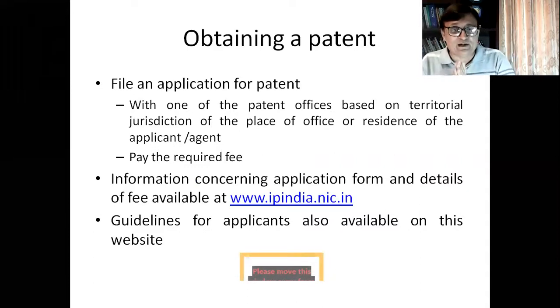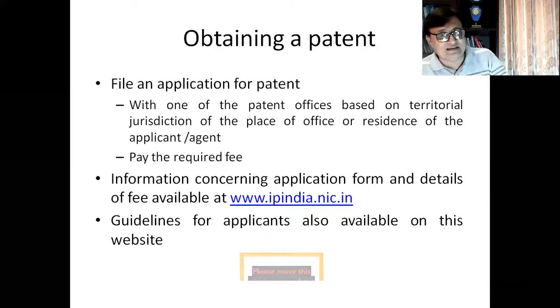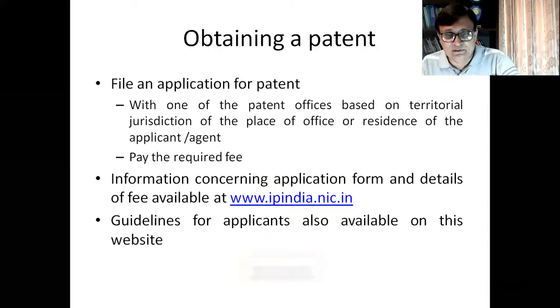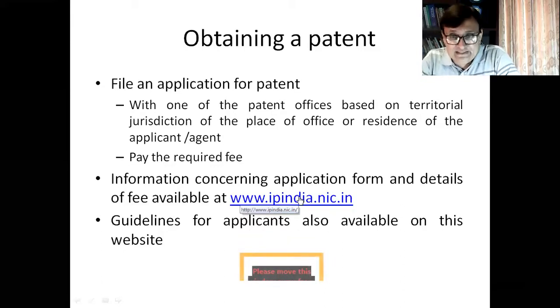On the website of Indian Intellectual Property, nic.in, the list of offices is given, and you have to see in which area your region falls, and accordingly file an application and pay the required fee. All information concerning the application form and details of fee are available on this website, www.ipindia.nic.in. As I showed you on that day also, today we'll again see what it says.